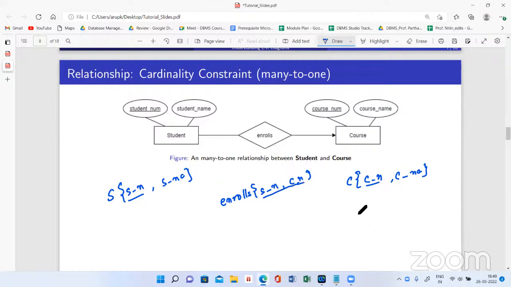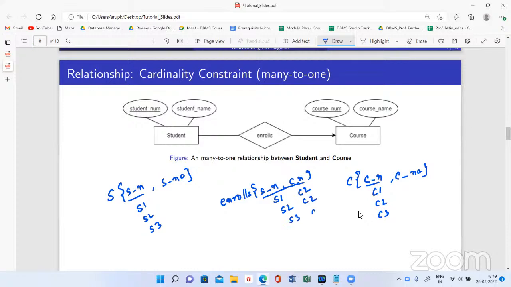Now the idea is the student numbers S1, S2, S3, and here I have C1, C2, C3. A student should opt for at most one course. So S1 should have only one course, C2. S2 also can have only one course, suppose C2.